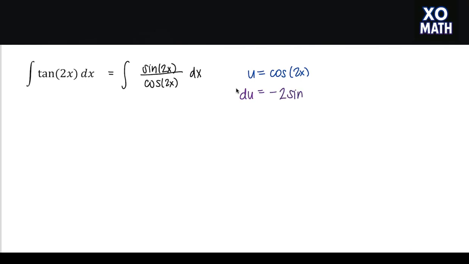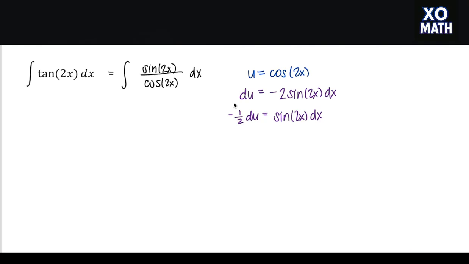So negative 2 sine of 2x dx. Well, I have sine of 2x dx, so my du is just off by a constant multiple, just a number. So we'll divide that negative 2 to the other side. So negative 1/2 du is equal to sine of 2x dx.